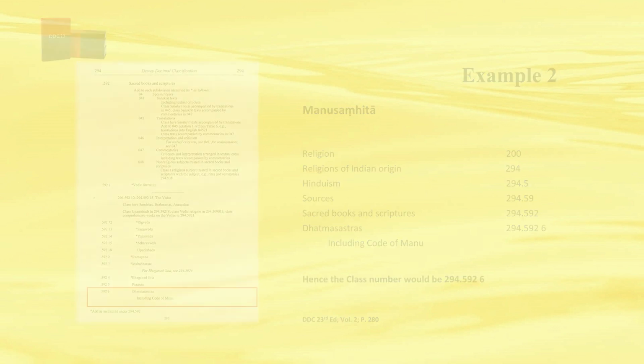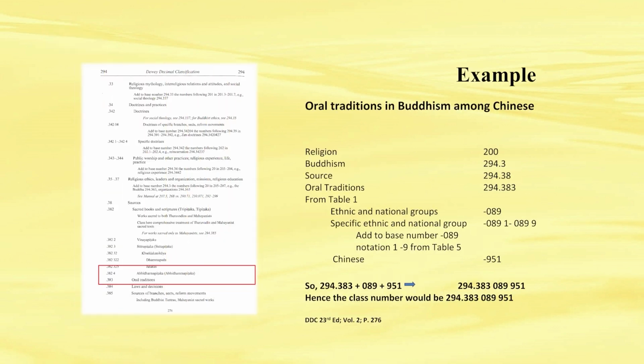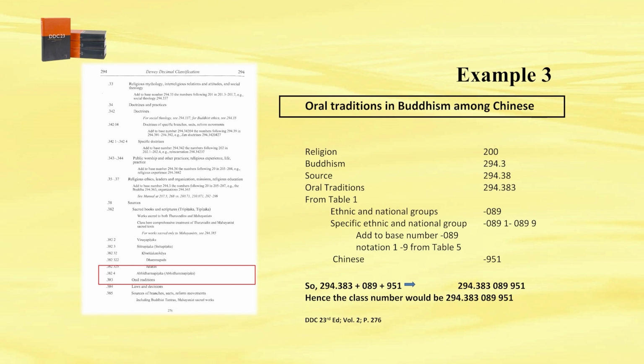Next, if we go for the third one, the title is Oral Tradition in Buddhism Among Chinese. Here the subject is definitely Buddhism, and there are two other facets. One is oral tradition and another is China.